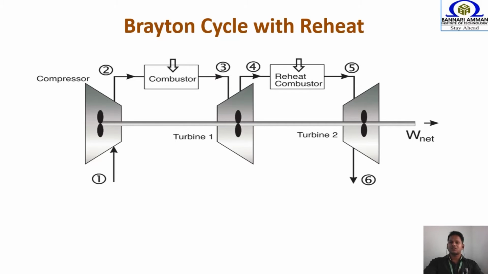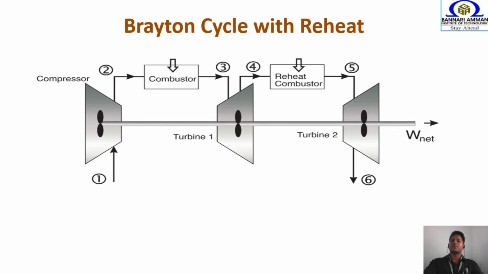Again we are doing combustion, so the enthalpy content and temperature of the gas is increased, and we are passing this gas over turbine 2. So instead of a single turbine, here we have two turbines. In between these two turbines, once again we are reheating the gas by using the secondary combustion chamber.